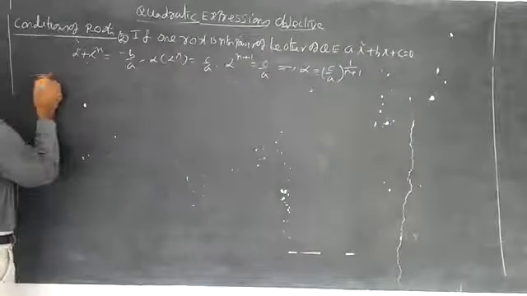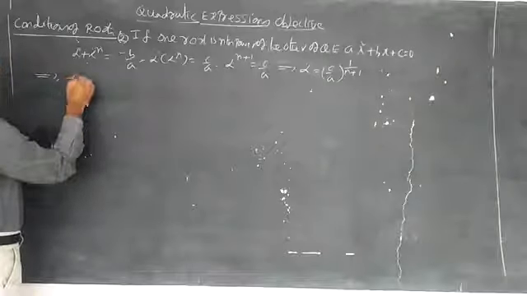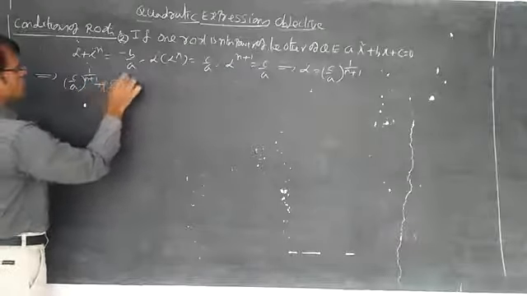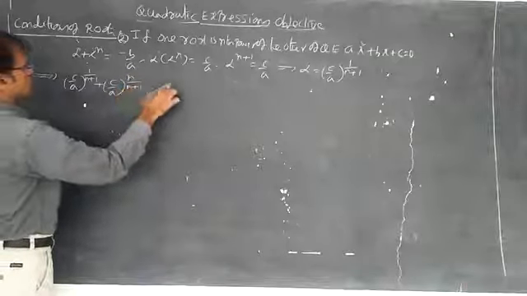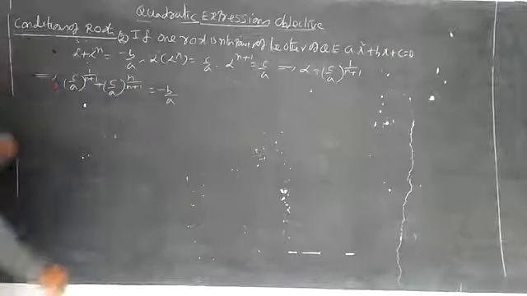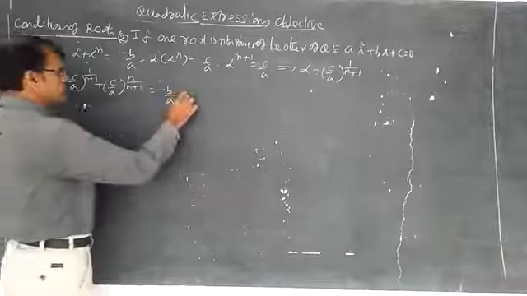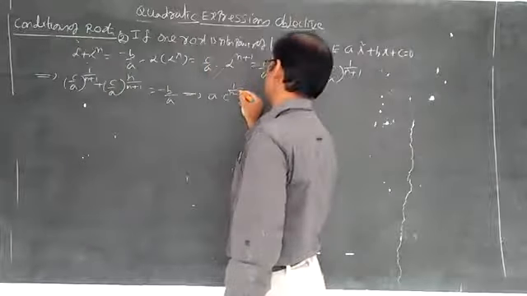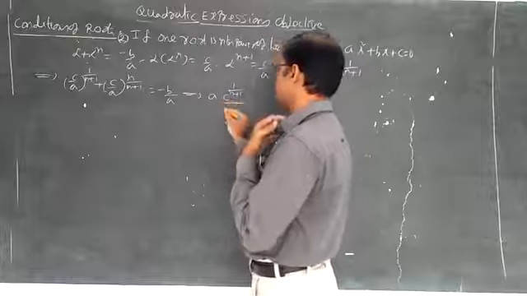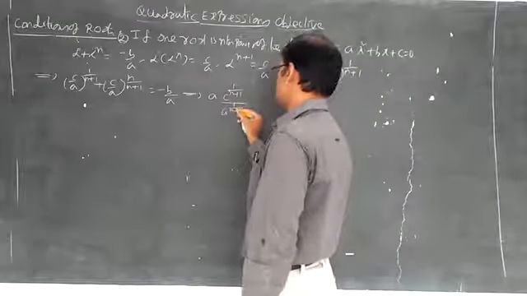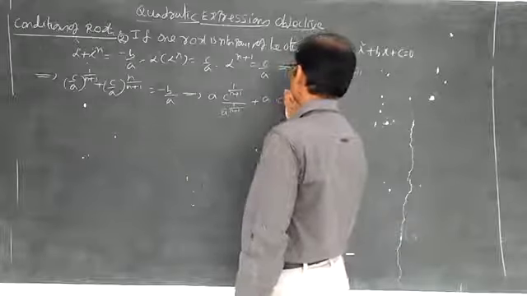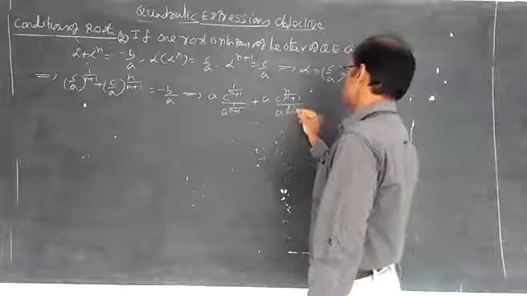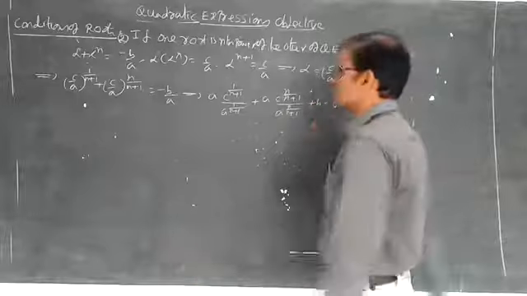Now substitute the alpha value here: c by a power 1 by n plus 1 plus c by a whole power n by n plus 1 is equal to minus b by a. Better to take a to this side. You can write a into c power 1 by n plus 1 by a power 1 by n plus 1 plus a into c power n by n plus 1 by a power n by n plus 1 plus b equal to 0.